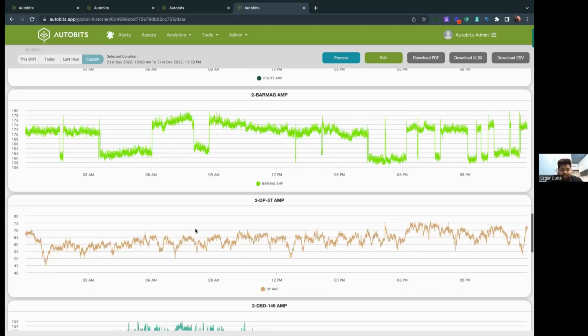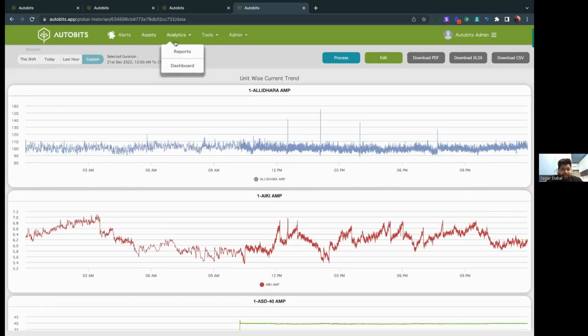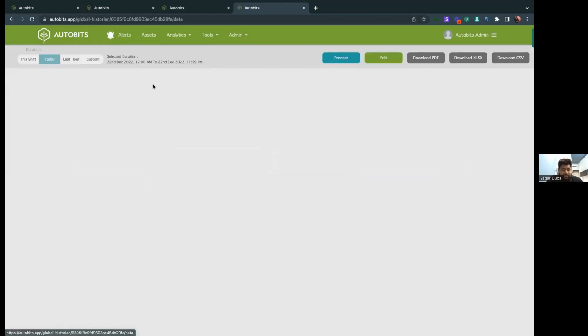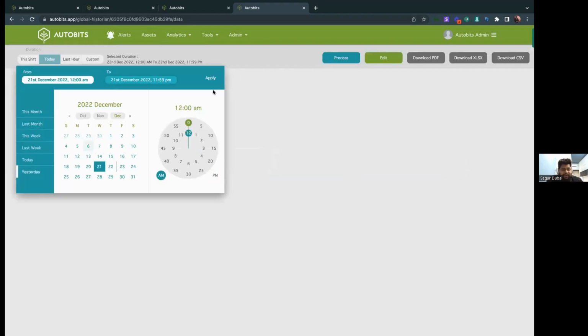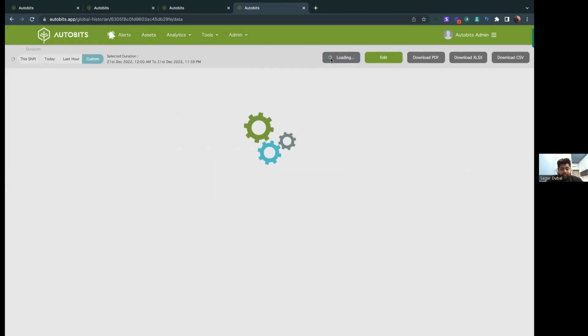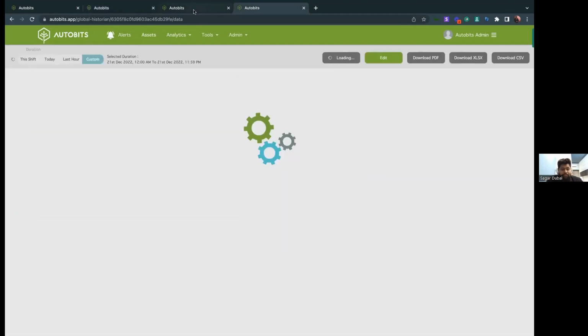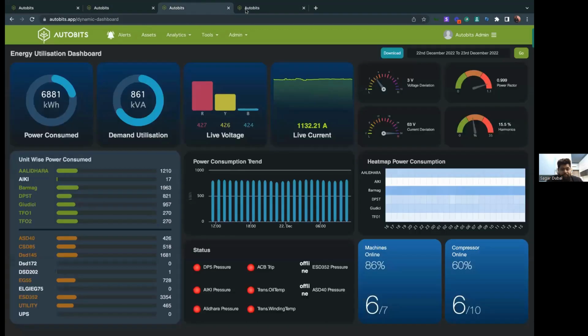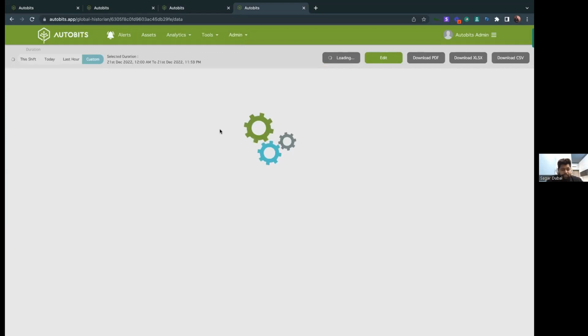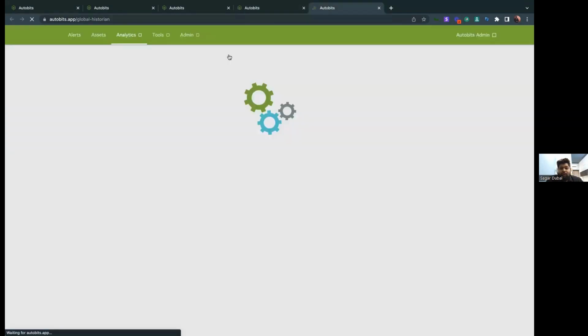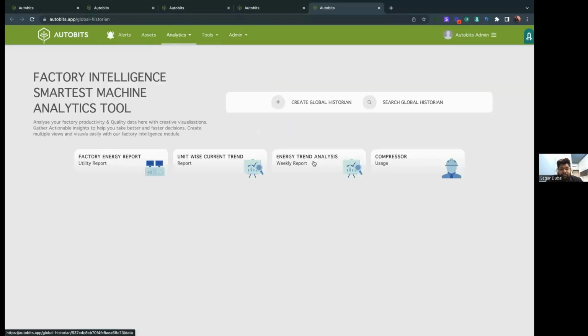Same way, all these temperature and current trends are there. Then we also have the whole factory overview of energy consumption. So we acquire data at very high speeds.